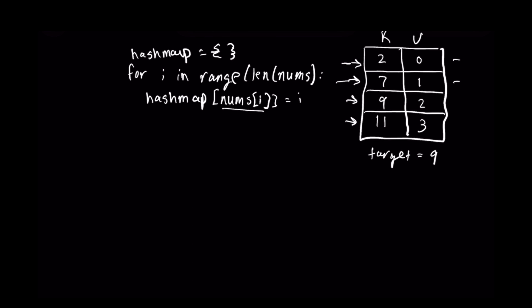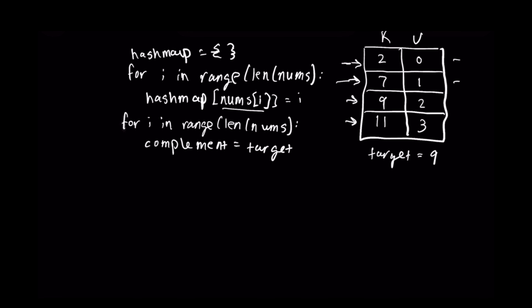We're going to iterate again through our array, and we're going to say for i in range of our array, the complement is equal to target minus nums[i]. So that's our math.